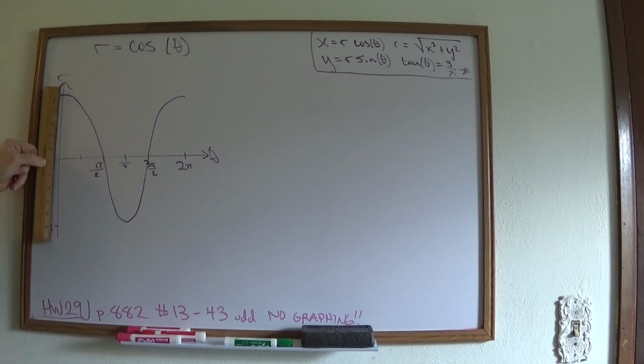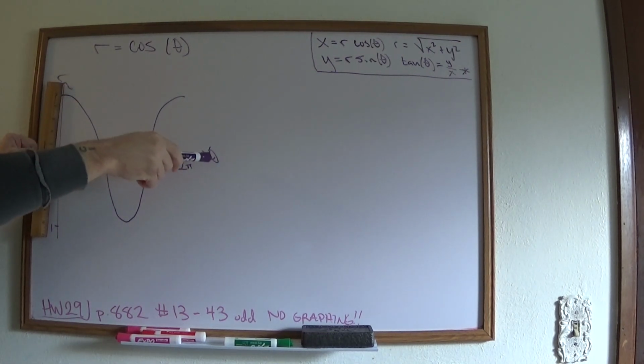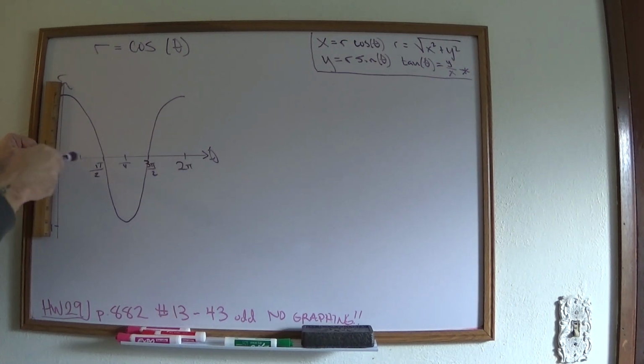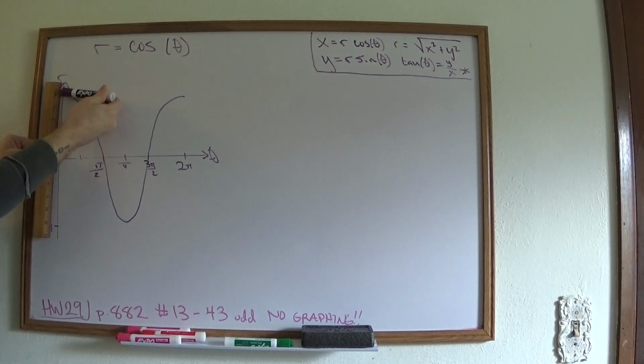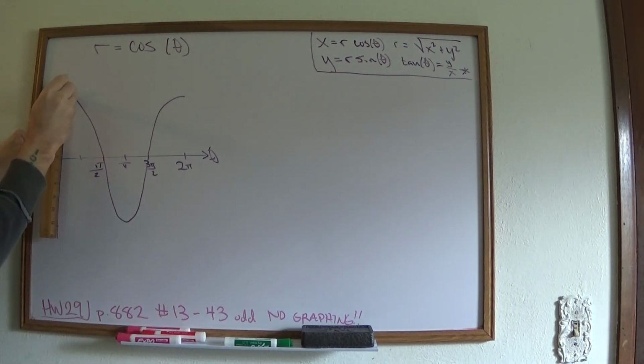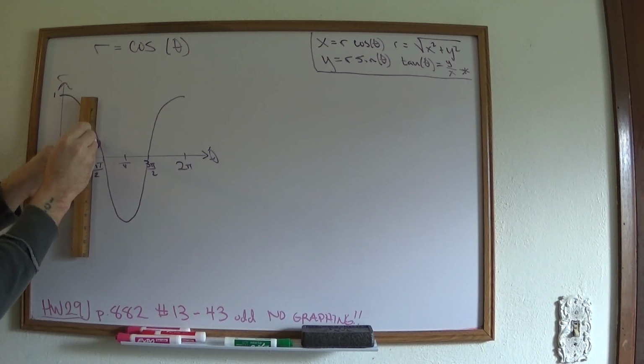Well, then what we have is something that basically starts up here. You could think about it as a dot that, when your time starts, or when your theta is equal to 0, is the dot that starts here at 1. And as time goes on, that dot bounces down, right?